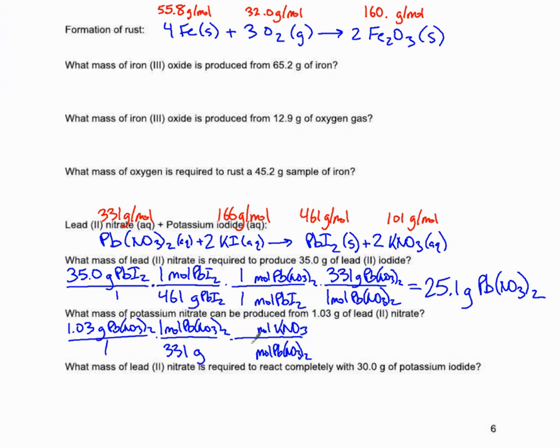The coefficient for lead-2 nitrate is 1, for potassium nitrate is 2. That gives us moles of this product. We want grams, and its molar mass is 101 grams per mole.